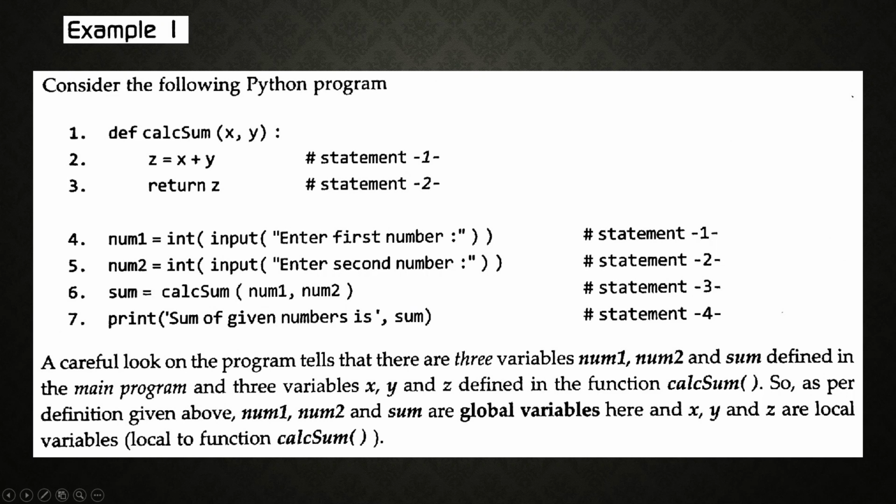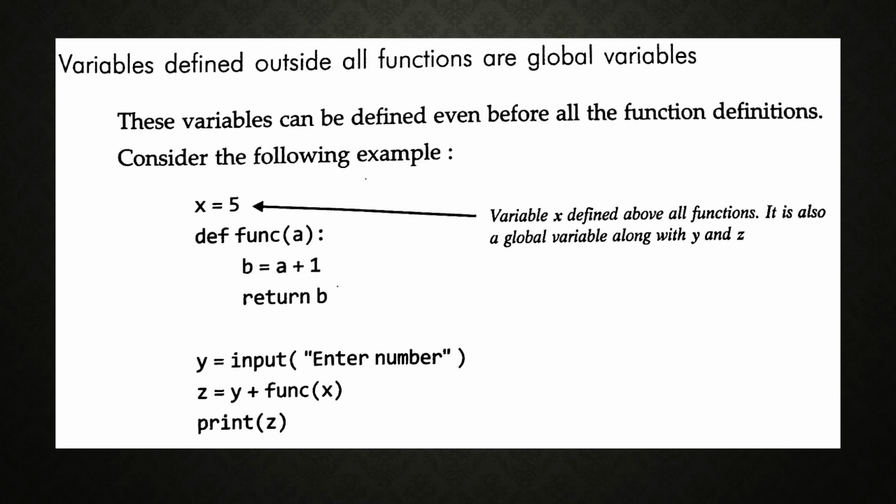Here num1, num2 and sum, three variables defined in the top level segment or main program, are called global variables. And here x, y and z defined inside the function definition are called local variables, or that scope is called local scope.